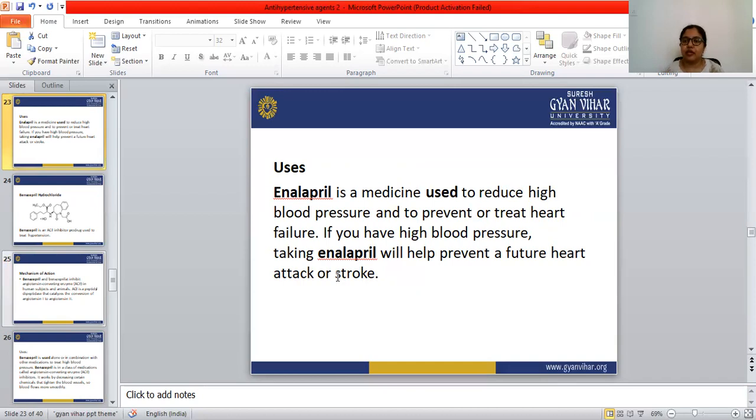When this enzyme is reduced, that conversion doesn't happen and the level of angiotensin 2 decreases in the body. So due to that, the blood pressure decreases.